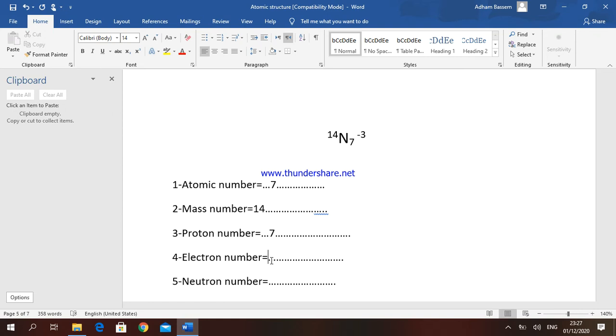So the nitrogen atom changes into a nitrogen negative ion, which carries a negative charge equal to the number of gained electrons. Nitrogen gains 3 electrons, so it carries 3 negative charges. So the number of electrons after gaining becomes 7 plus 3 equals 10. Number of neutrons, mass number minus atomic number, 14 minus 7 equals 7.